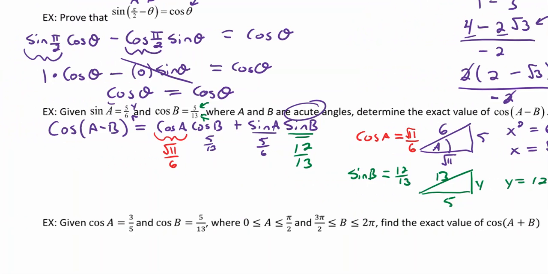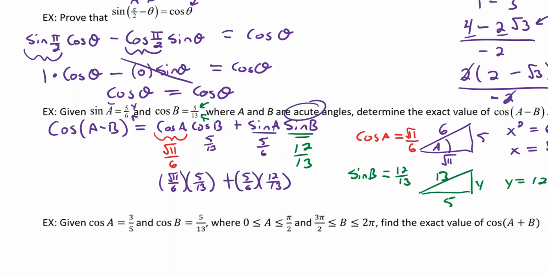So this would be root 11 over 6 times 5 over 13 plus 5 over 6 times 12 over 13.